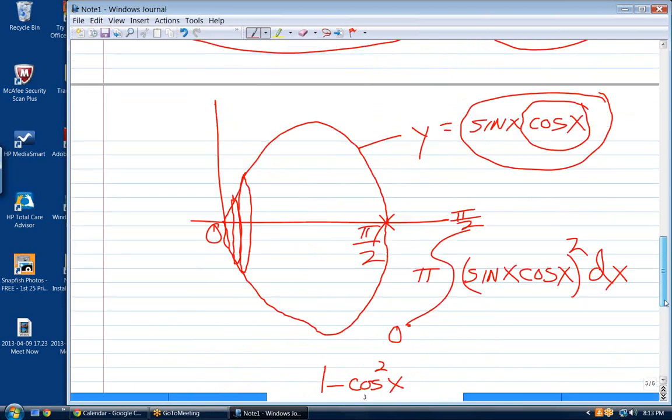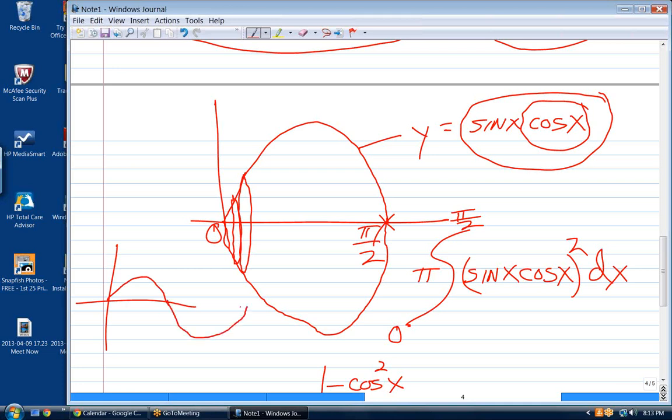But as long as you know how to get these limits of integration, it might be tempting to think that's pi instead of pi over 2, because the sine curve looks like this. And that's pi. But this is not the sine curve. This is sine x times cosine of x.